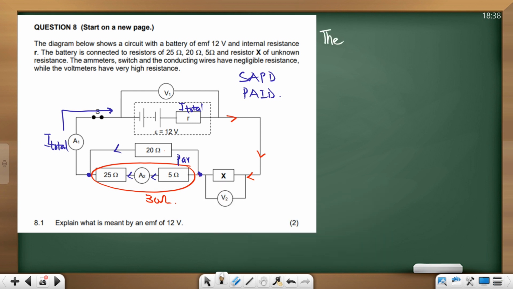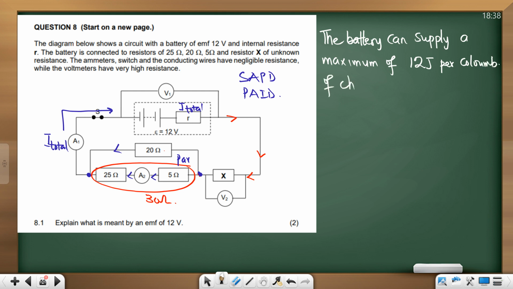It means the battery can supply a maximum of 12 joules per coulomb of charge. That word maximum must be there. Take note.